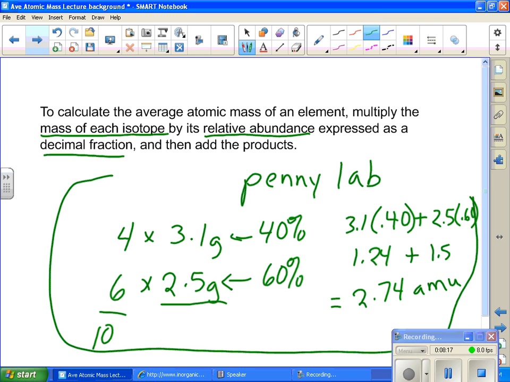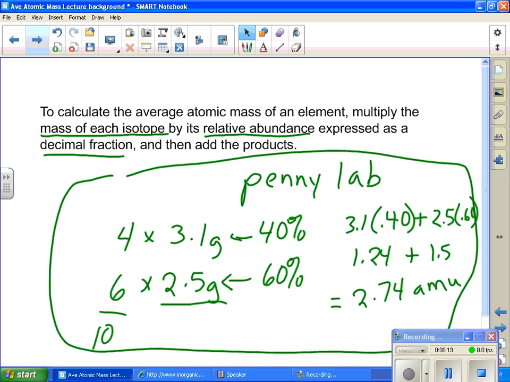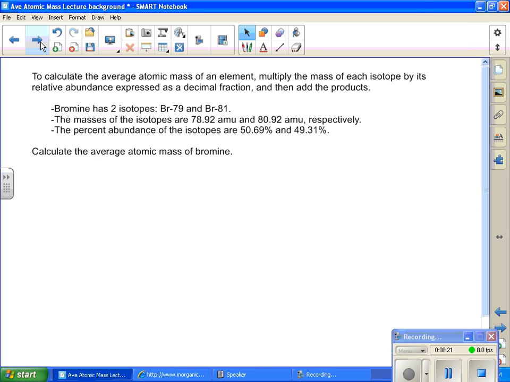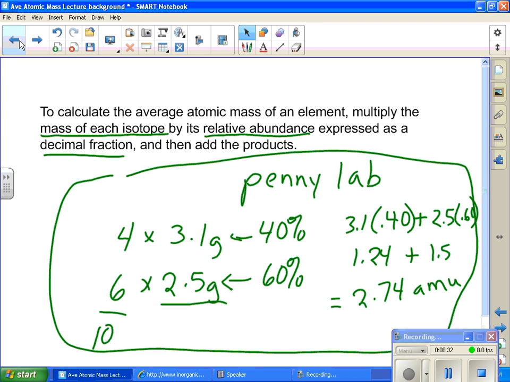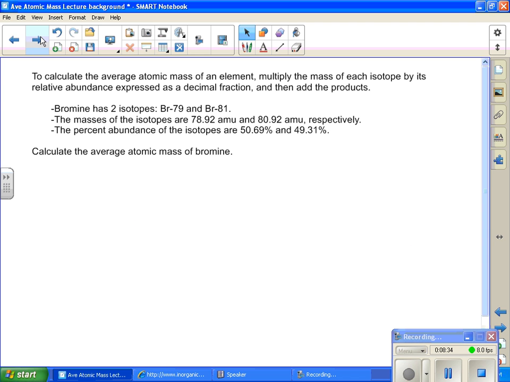Okay, we're going to use the same principle and look at real elements this time. Now, hopefully you can read this slide, but what I want to show you here is that the first sentence is exactly the same sentence that I had on the previous slide, only smaller. But then I've listed the information for bromine. Bromine has 2 isotopes, bromine 79 and bromine 81.